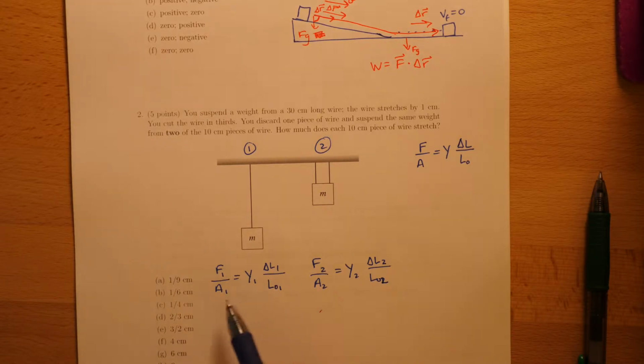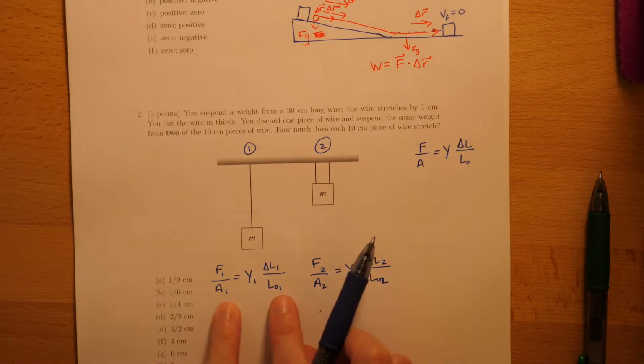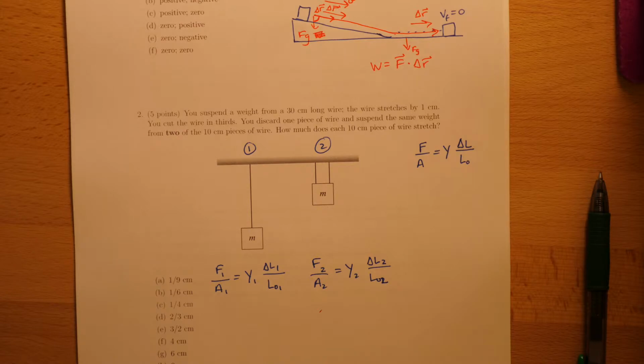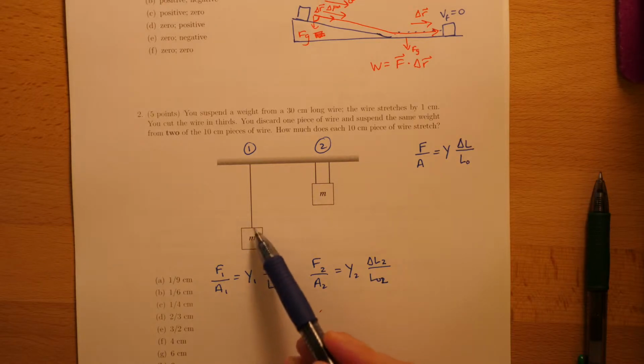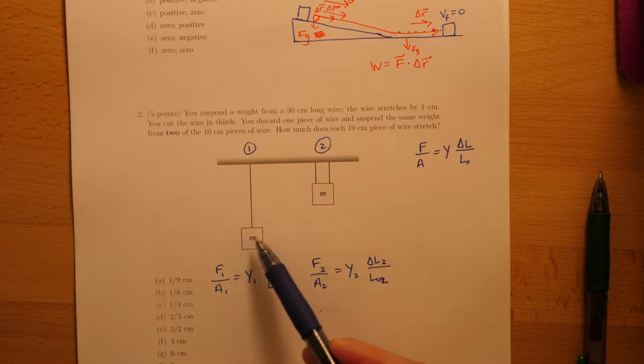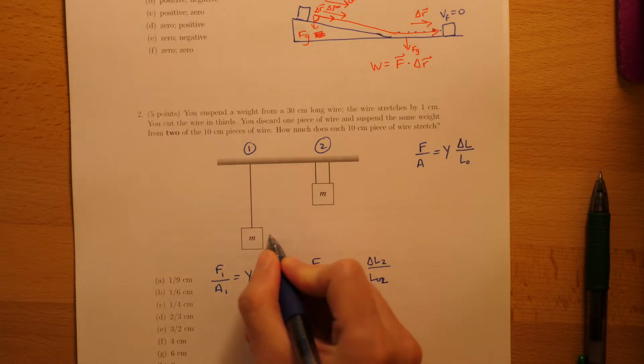Okay, so now I start looking to see if any of these variables are the same. Because this is true for this mass, and this is true for this mass. So let's see. The force exerted in each of these scenarios is, well, over here it's mg because it's the force of gravity.